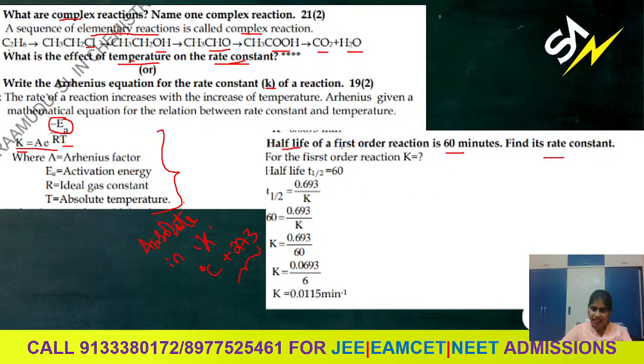It is directly given as a first order reaction, so remember the half-life formula of a first order reaction: T half is equal to 0.693 by rate constant K. What is asked is to find the rate constant. Half-life is given as 60 minutes. Substitute it in place of T half, and you have the value 0.693. Just divide them and you will get the value of the rate constant.